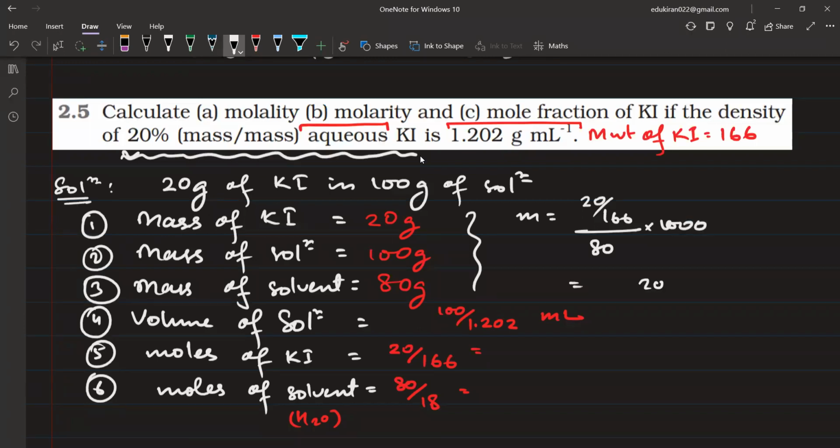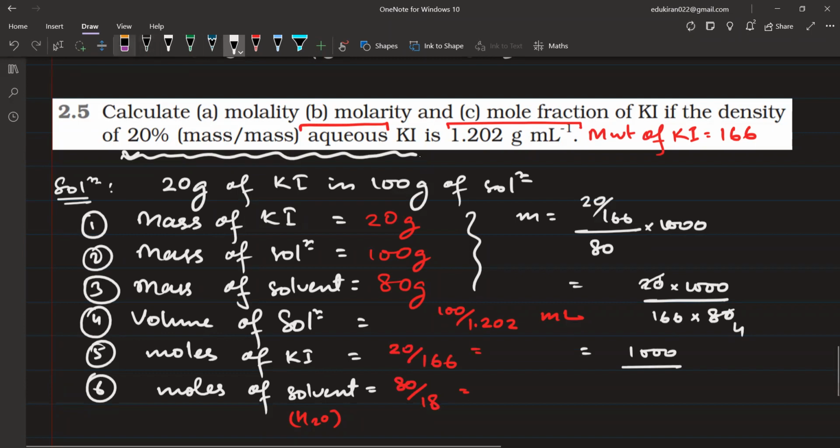This will be equal to 20 into 1000 divided by 166 into 80. सही है? सही है. This will be equal to 1000 divided by 4 को भी ये कर सकते हैं ना, 25 into 4. 250.